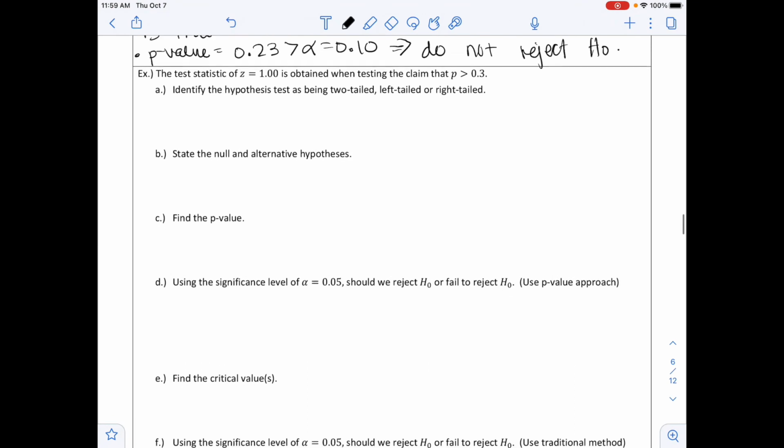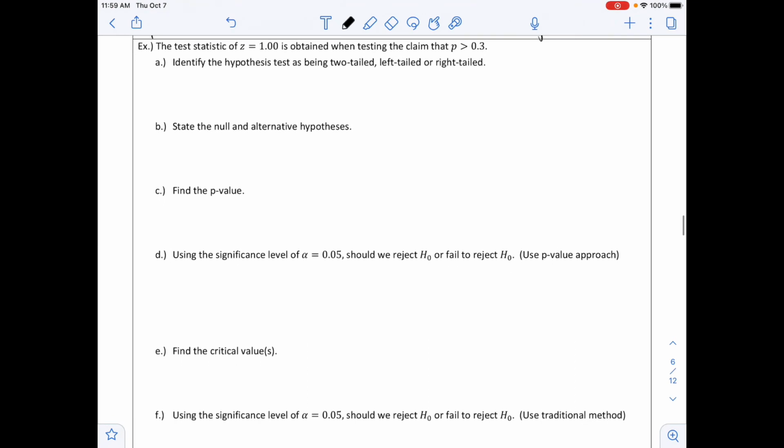The next example says the test statistic of z equals 1 is obtained when testing the claim that p is greater than 0.3. Part A says identify the hypothesis test as being two-tailed, left-tailed, or right-tailed.